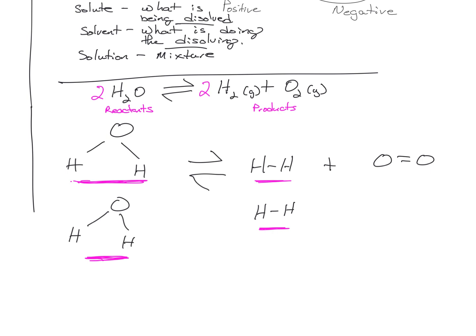So 1 oxygen gas, which is 2 oxygen atoms bonded together, and 2 hydrogen gases, so that's 2 hydrogens bonded together times 2. That's what that means, right? From algebra, you know that. A coefficient in front of a variable means multiply. And here you have water. You have 2 times the water, so 1, 2 waters.